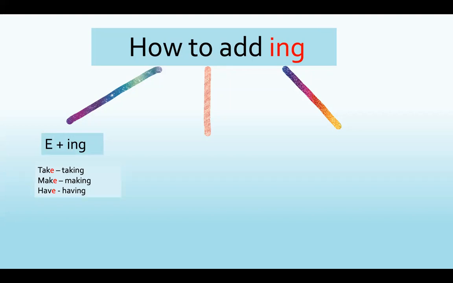Whenever you add ing to verbs ending with E, we simply drop the final E and add ing. Taking, making, having. As you can see, the final E in the main verb is dropped.